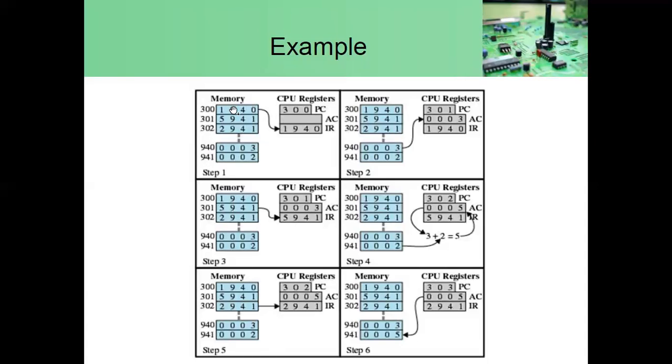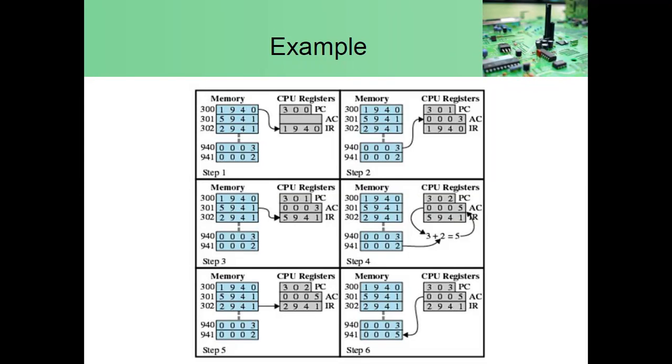First, the CPU register, the program counter, will contain the address of the first instruction, that is 300. In the memory, you have the instruction 1940. This instruction will be put into the instruction register. And there is nothing in the AC, the accumulator register.